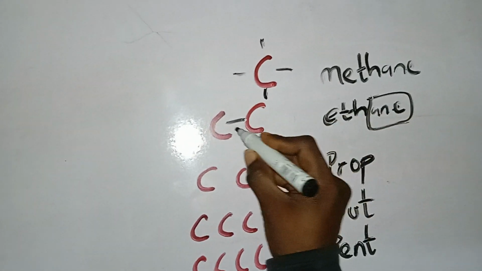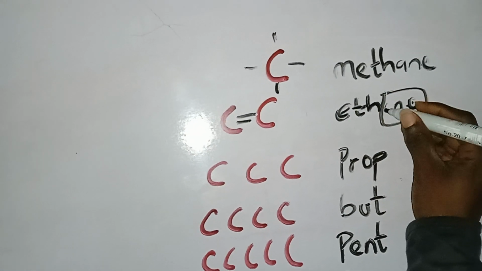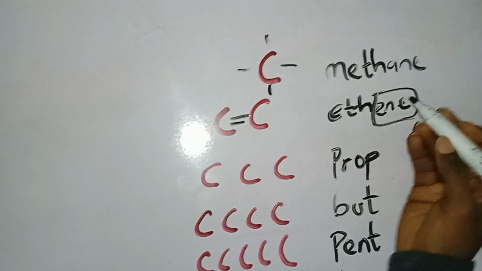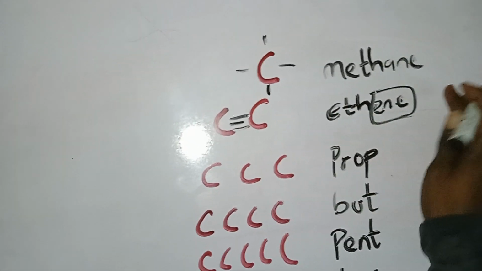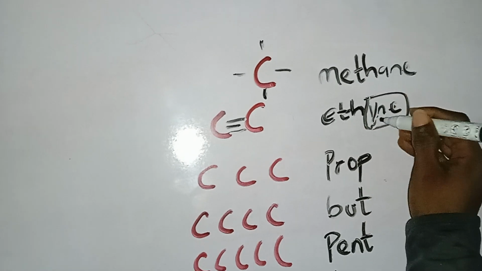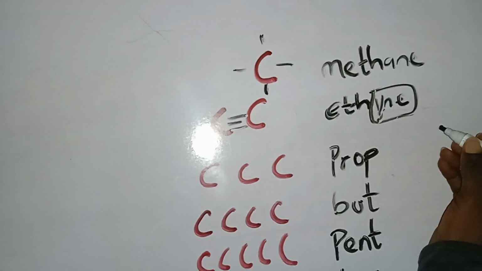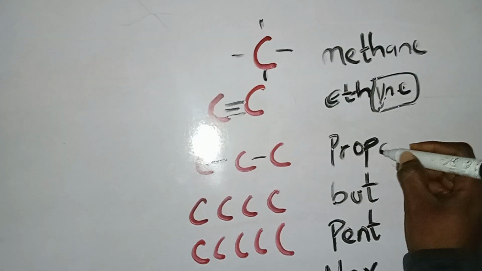But if I see a double bond, it will no longer be ane, it will now be ene for double bond. And if I see a triple bond around this double carbon, it will now be yne. The same thing applies if I see single bonds all through, it will now be propane.